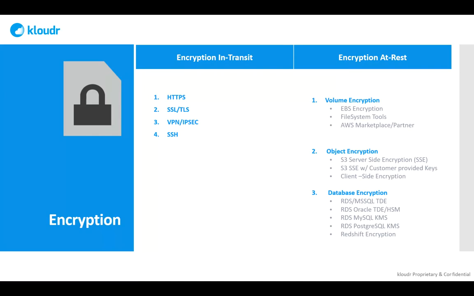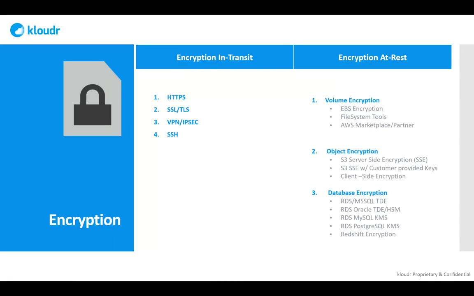Now moving forward to the object encryption, or S3 encryption, on the S3 bucket where you store your static files. There is server-side encryption, and there is server-side encryption with customer-provided keys. Also, some customers prefer to encrypt their data on-prem and then transfer it to S3.